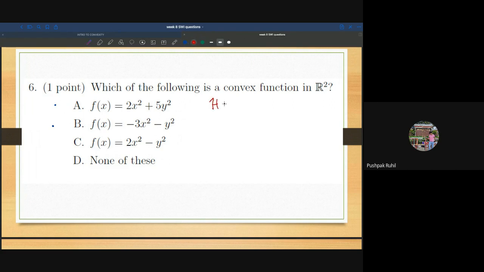So, your H for, let's say, two variables, it would be your del square.